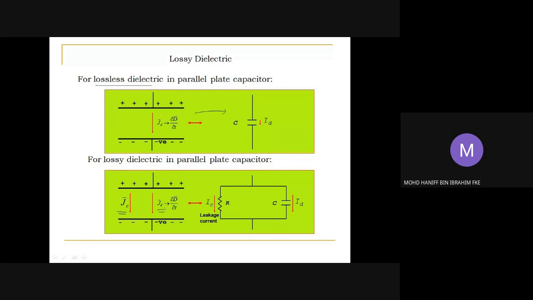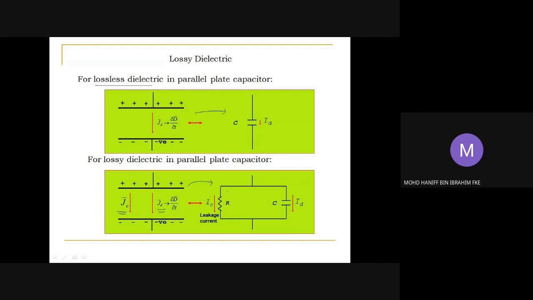We have agreed that the conduction current will incur losses in this capacitor.